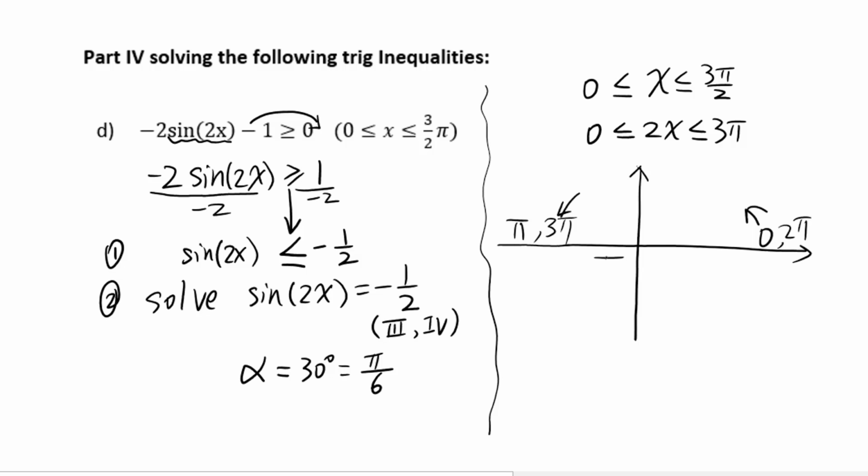We are interested in the third and fourth quadrants. So for the fourth quadrant, we have 2n minus 1 pi over n. For the third quadrant, you have n plus 1 pi over n. So we know this is n equals 6.